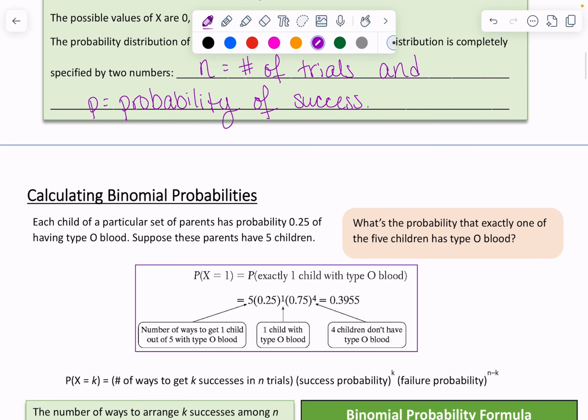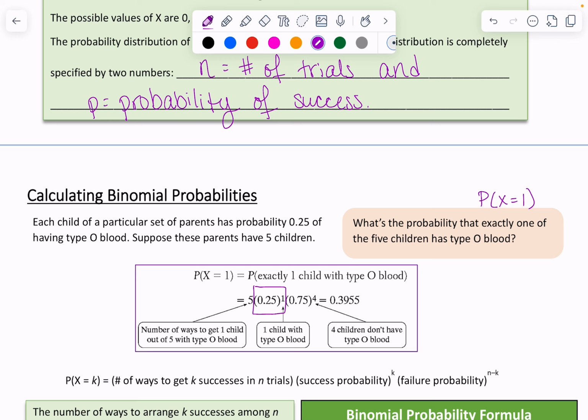So if we were doing that whole kids with type O blood thing, and let's say we just want the probability of exactly one of them, so the probability that x equals 1. Okay, so I would do, let's start with this part right here. 1 kid, so the exponent is 1, has type O blood.